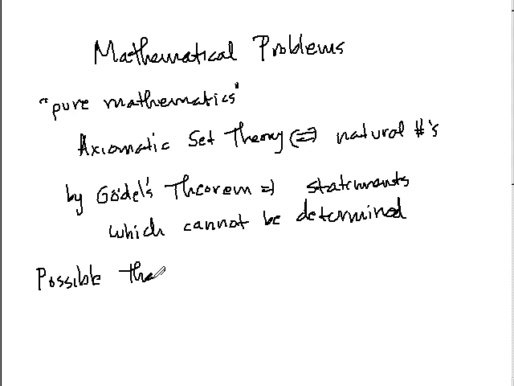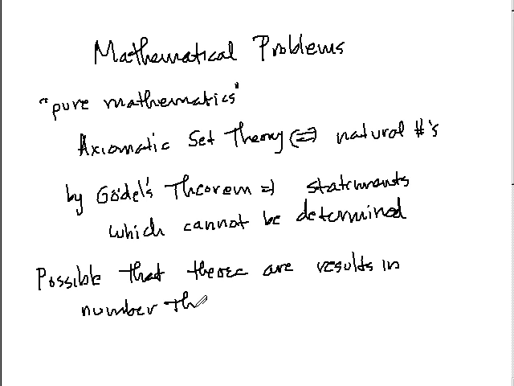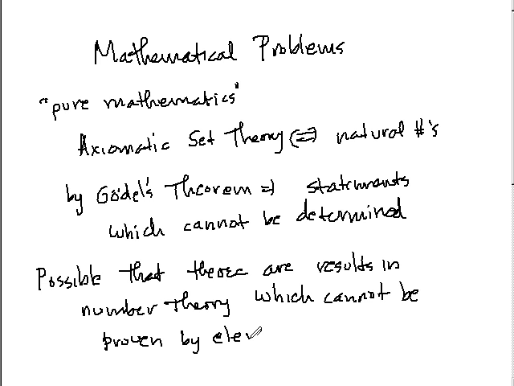So it's possible that there are results in number theory which cannot be proven by just the elementary properties of numbers.